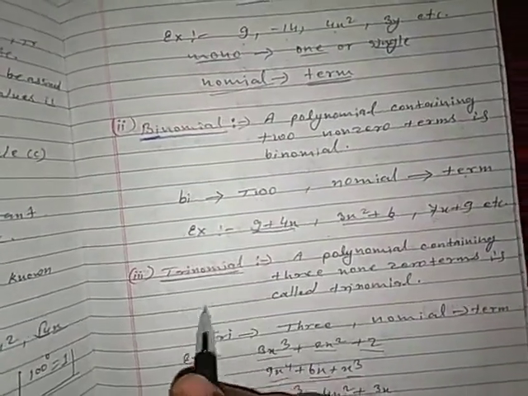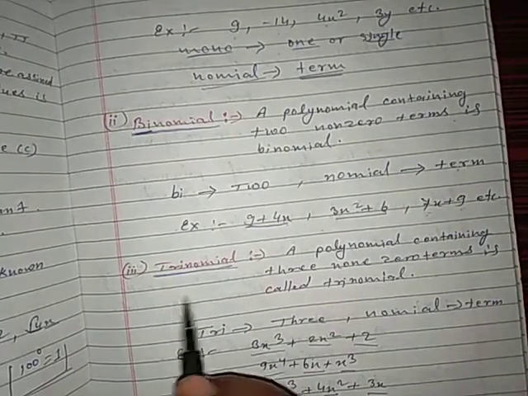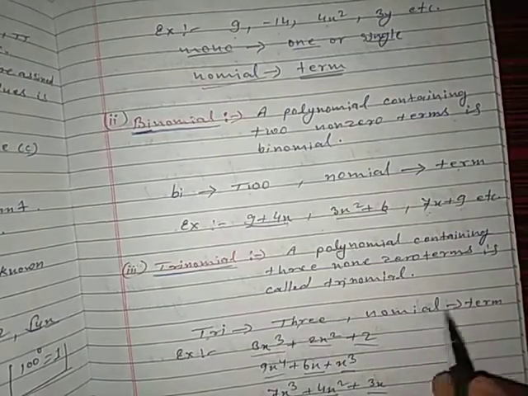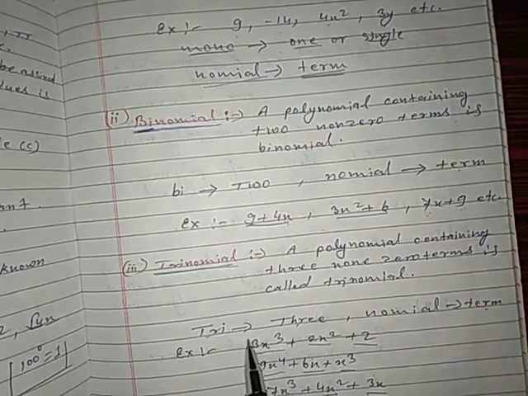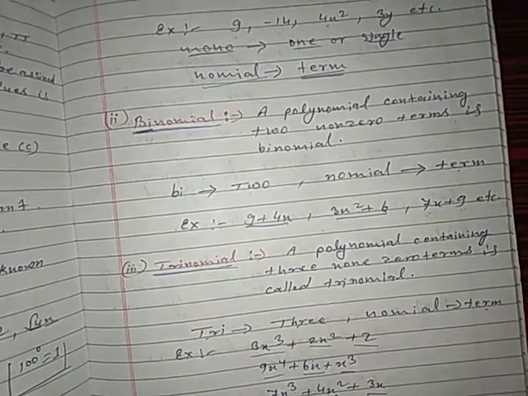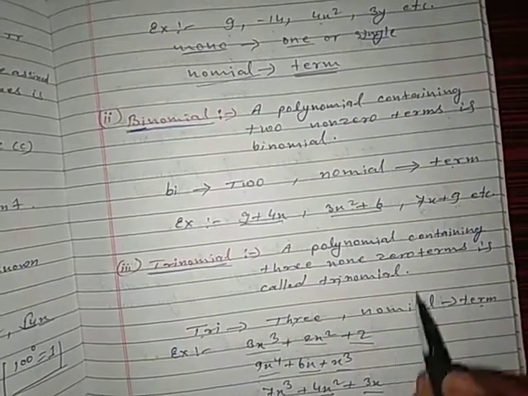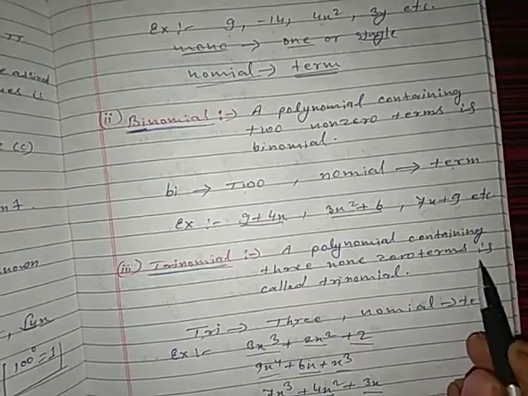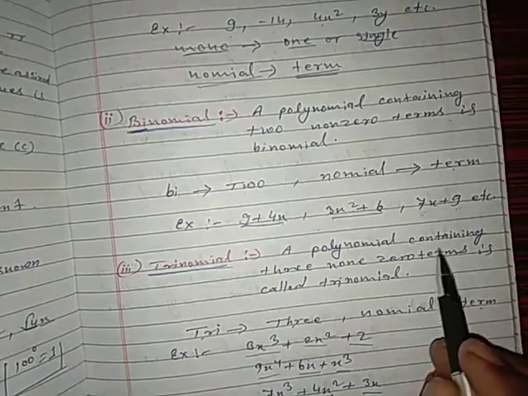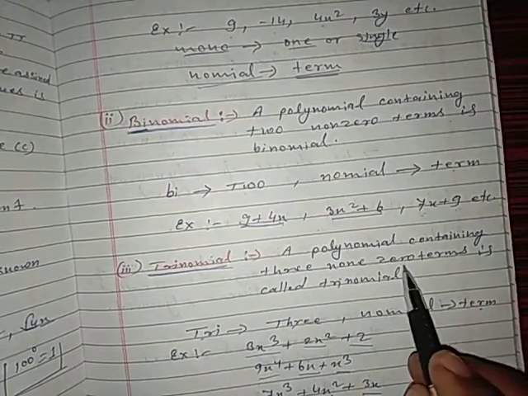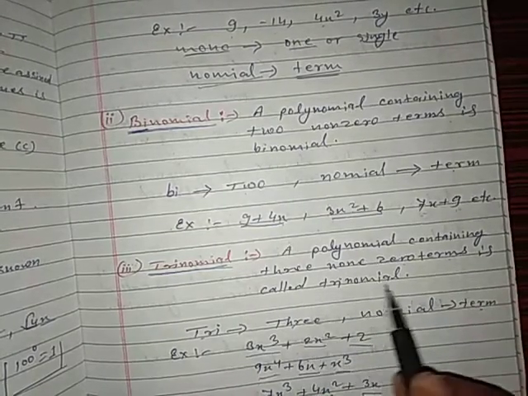Next, trinomials. We know that tri means three and nomial means term. A polynomial containing three non-zero terms is called a trinomial.